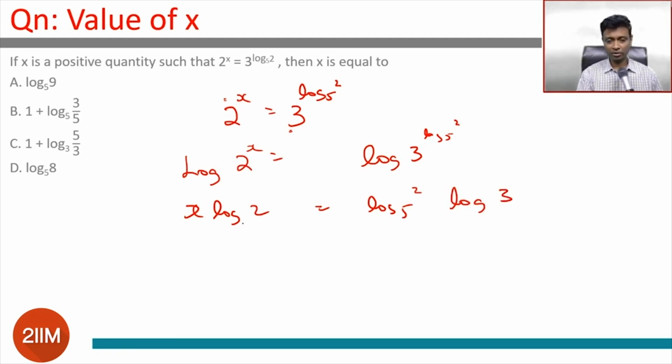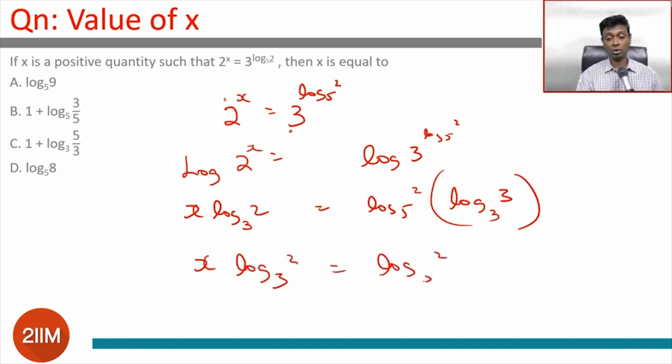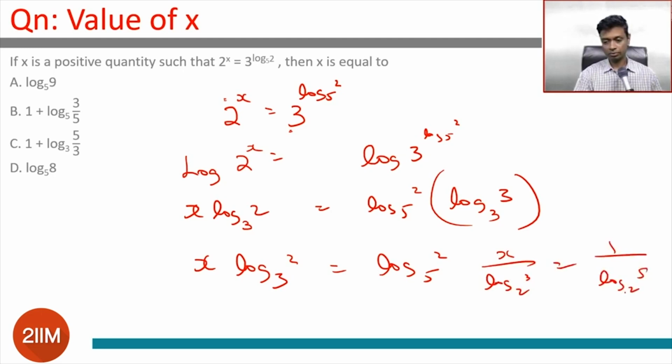We can choose any base and this rule would work. I'm going to choose the base as 3. Why so? Because log 3 to the base 3 is 1, or x times log 2 to the base 3 is log 2 to the base 5. Or x by log 3 to the base 2 is 1 by log 5 to the base 2.